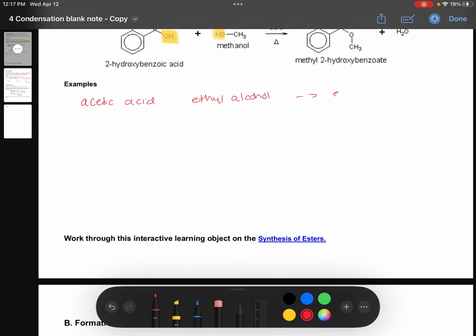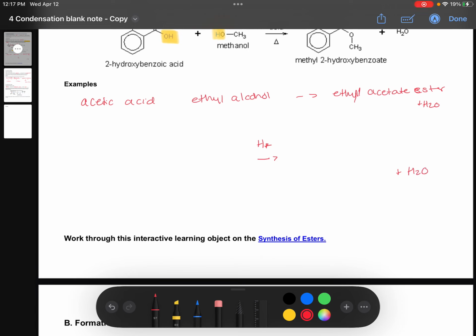It comes together to produce our ethyl acetate ester, as well as H2O. Based off of this, we know we're going to have our catalyst, and we know we're going to produce H2O.